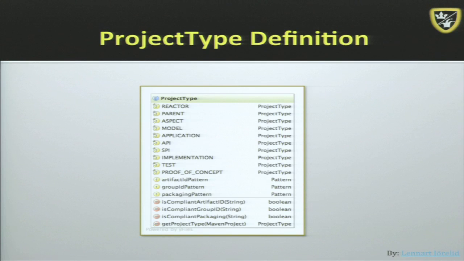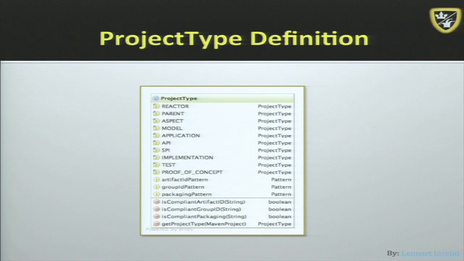Enums are really good in that they are very clear with what the available options are. In this case, it's an enum defining all the possible project types and exactly what constitutes a project in terms of a Maven POM. So if the Maven reactor encounters a particular POM which doesn't comply with one of these definitions, then it will break the build. So you always have a well-defined project type.